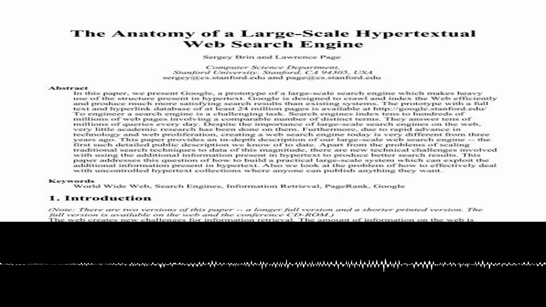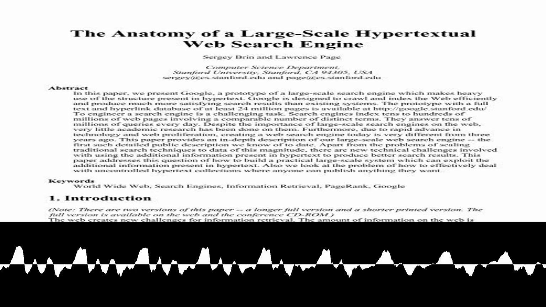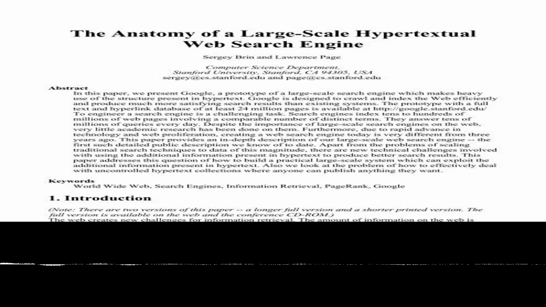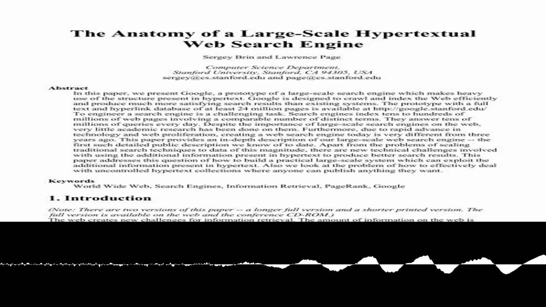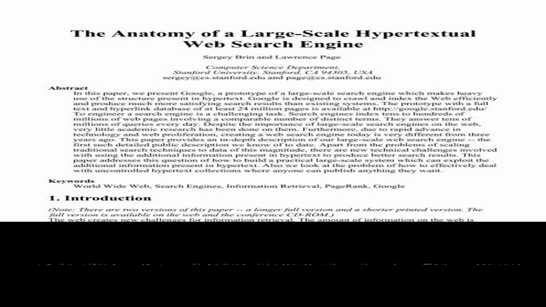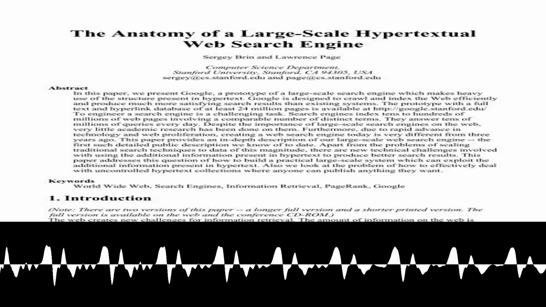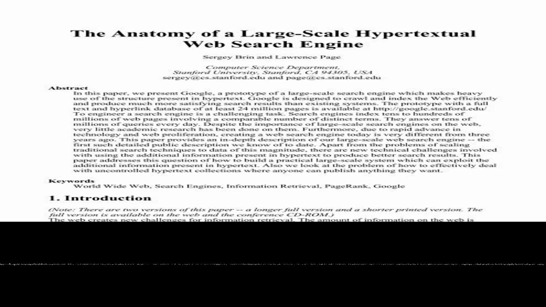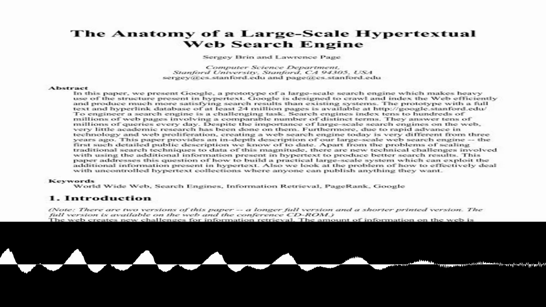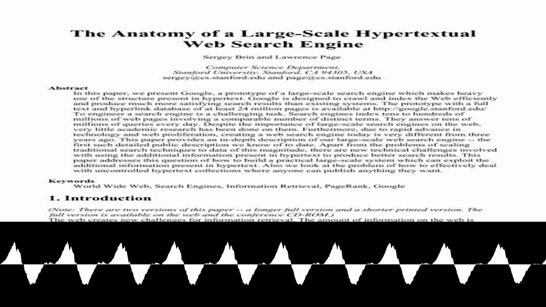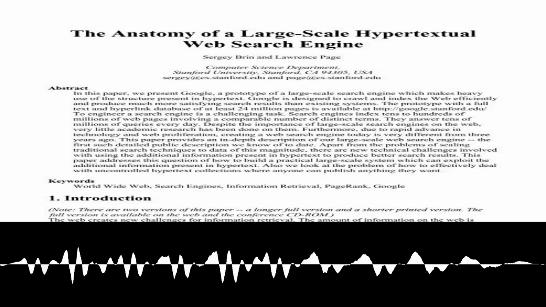The paper acknowledges the limitations of its evaluation methodology, noting the subjective nature of relevance judgments and the difficulty of comparing search engines in a controlled environment. However, the authors maintain that the experimental results provide strong evidence for the effectiveness of Google's approach. The inclusion of content-based ranking is seen implicitly as a key component in Google's and Backrub's operation.